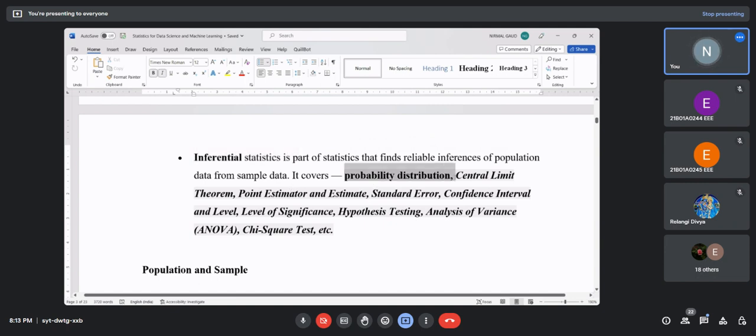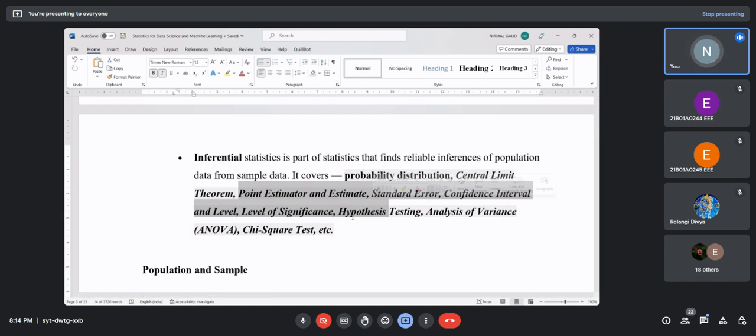That means I'm going to find the probability distribution. You have already studied the formula for the probability distribution. You need to apply some hypothesis testing, and ANOVA and chi-square tests are some of them. You need to check the errors, point estimates, and I'm going to cover each and every topic here in my lectures.